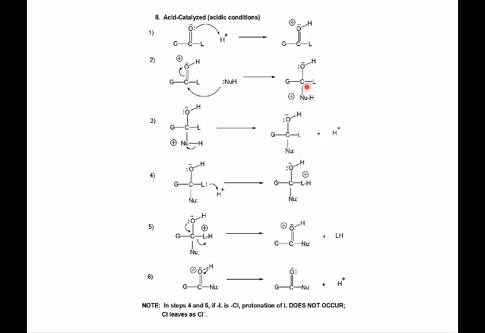step I've called the proton shuffle step. Now, there's always going to be a hydrogen attached to the nucleophile under acid conditions. Generally, the nucleophile is not negative. Well, if it's acidic and there are protons available, they're going to be able to attach to that leaving group, and that's going to help it out.